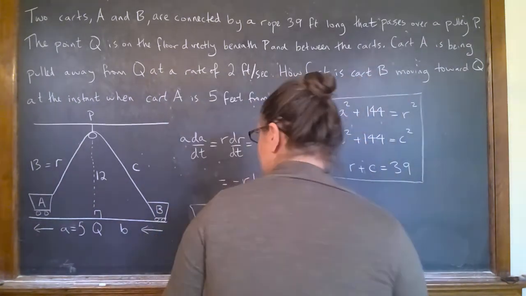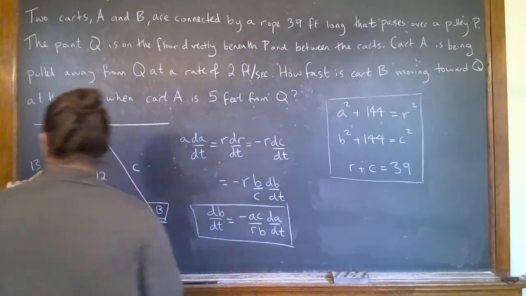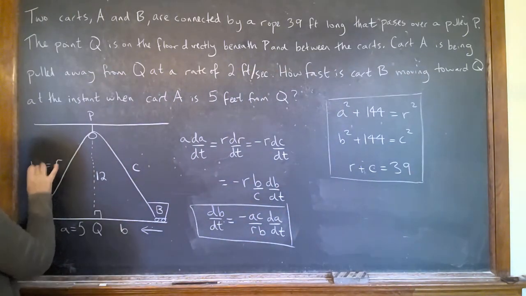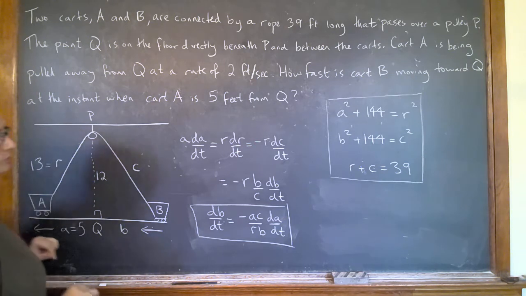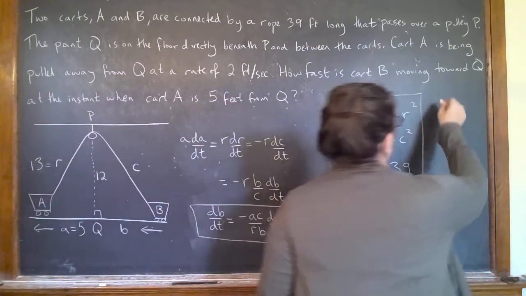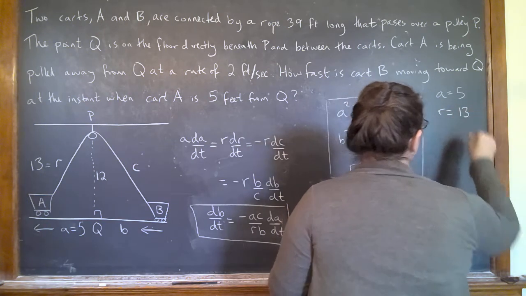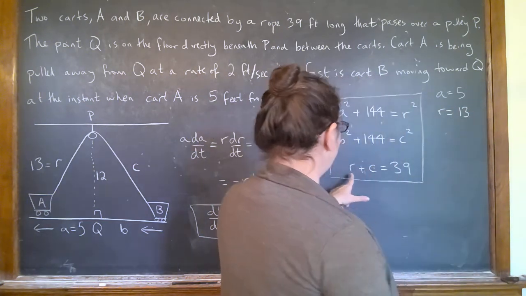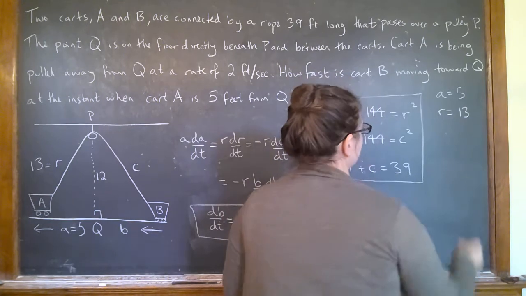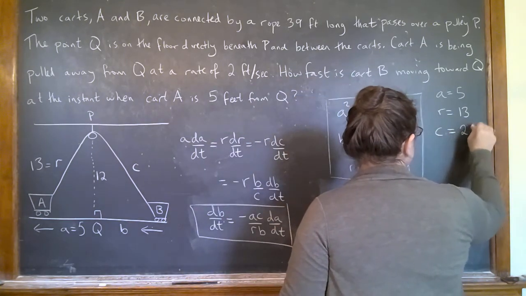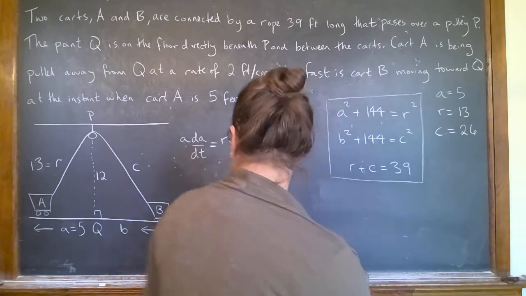So when A is 5, R is going to be 13. Okay, so I'll just put them up here. Now when R is 13, we know the length of the rope is 39, so that's going to give me 26 for the other side.